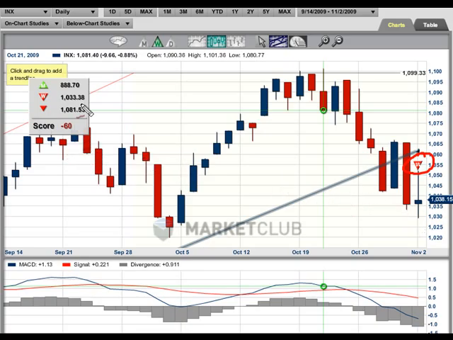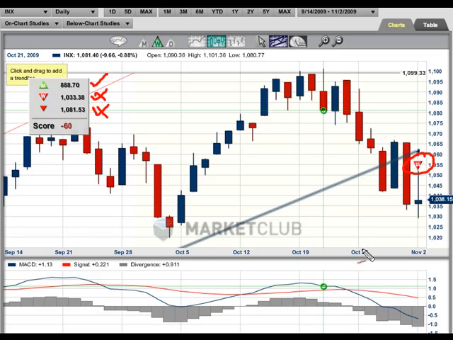It's indicating here at 1,033, the market's at 1,038, a little bit higher, but the daily is negative, the weekly is negative. The only one that's positive is the monthly. So this is negative and this is negative, and it would appear as though any rallies in this market are going to be met with pretty good selling, at least for the time being.